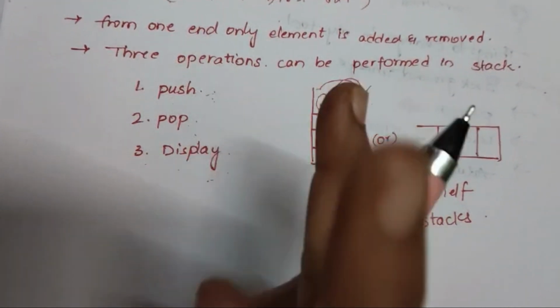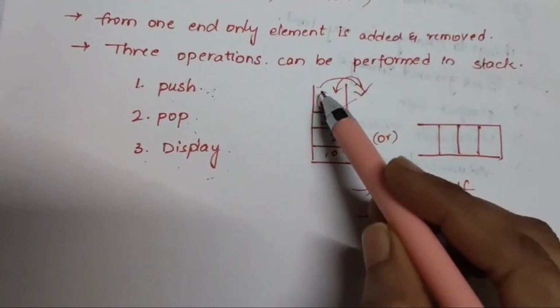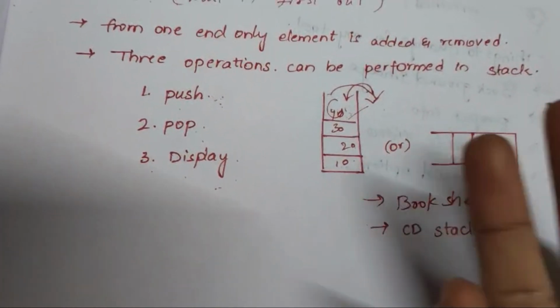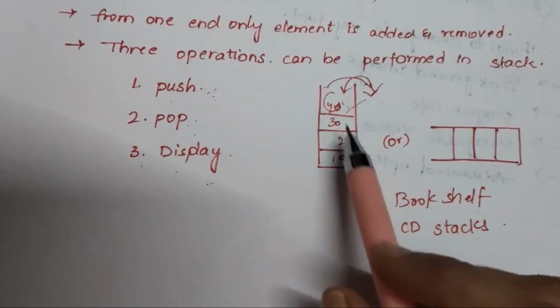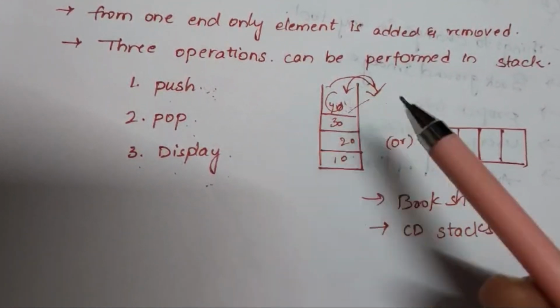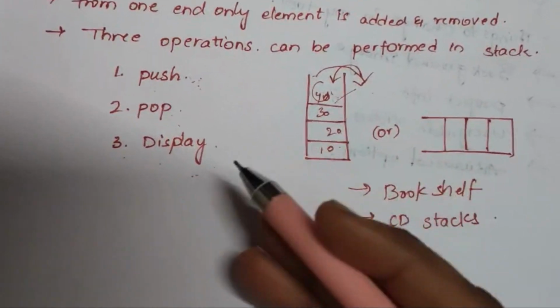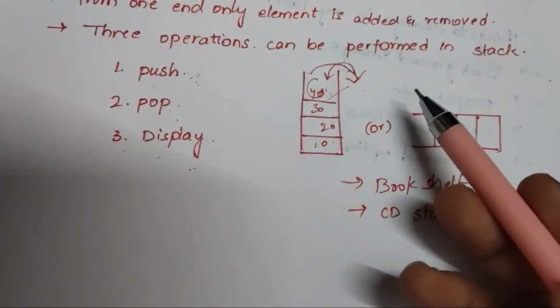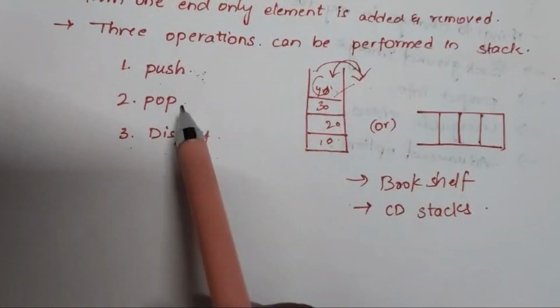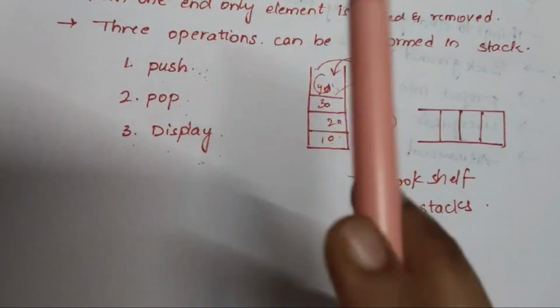In push we have two operations. We will be checking if the stack is empty or full. If it is full, then we can display the message as stack is full, we cannot insert any other element. Or if it is empty, we can enter the element. The pop also has two operations.